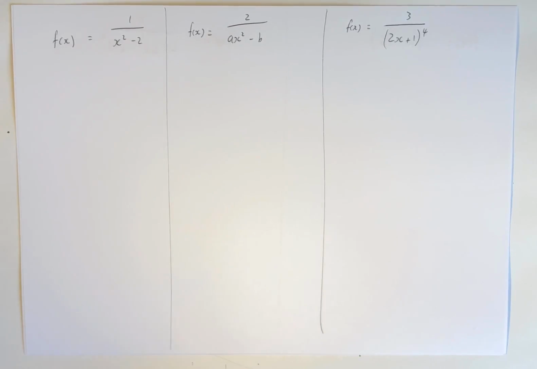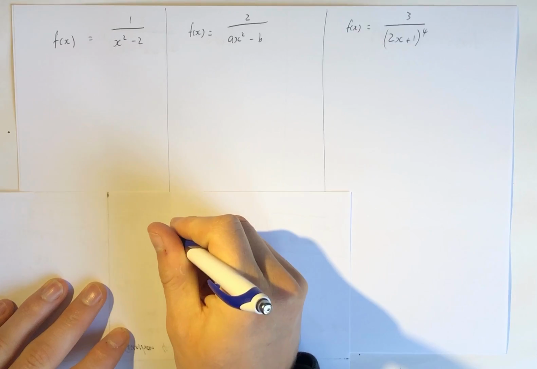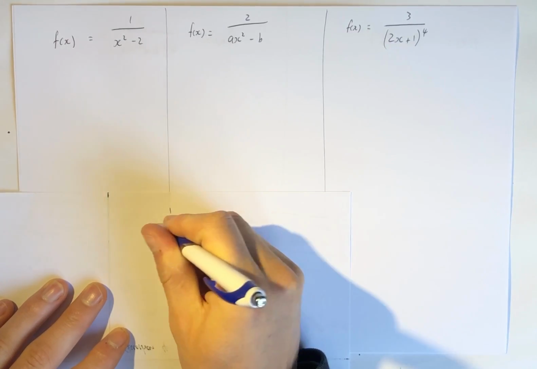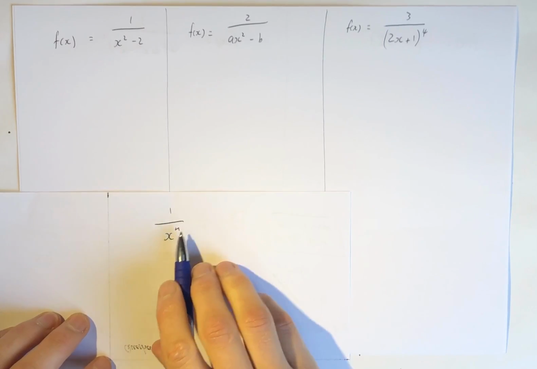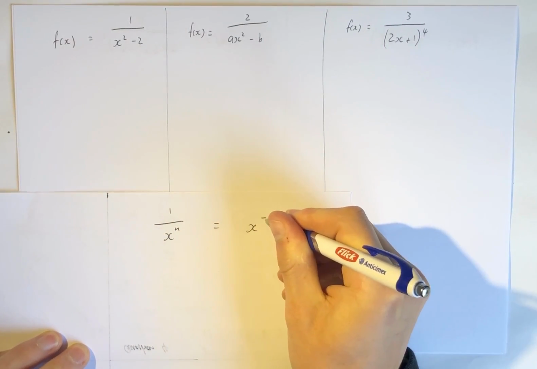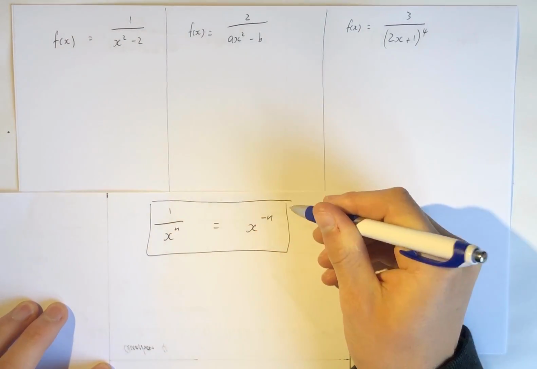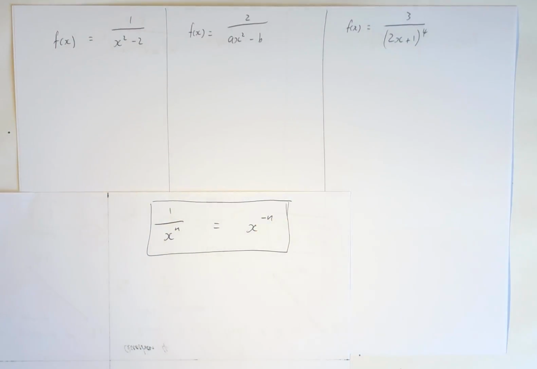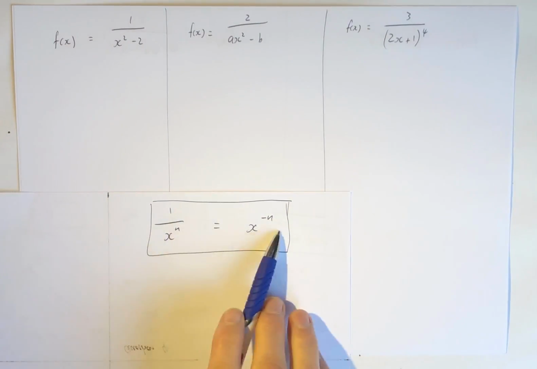There's one rule we need to remember from algebra before we get into this, and it's this rule here. 1 over any variable to a power is the same as that variable to the negative power. You learned that in maybe year 9 and 10, but especially in year 11, you would have had to use this rule.